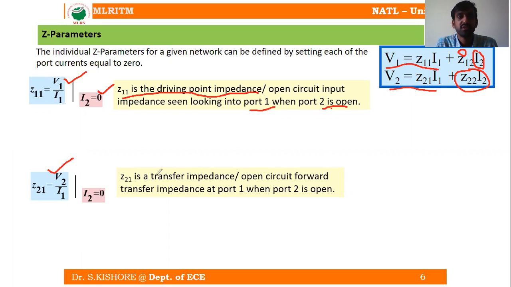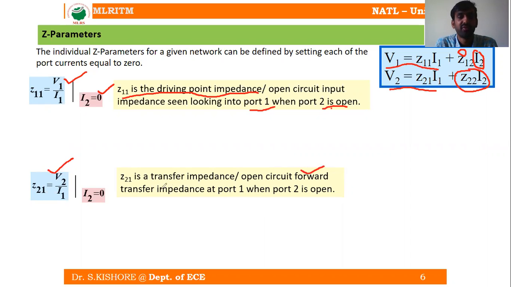So Z21 is nothing but the transfer impedance, also known as the open circuit transfer impedance. As we are looking from port 1, it is the forward transfer impedance.